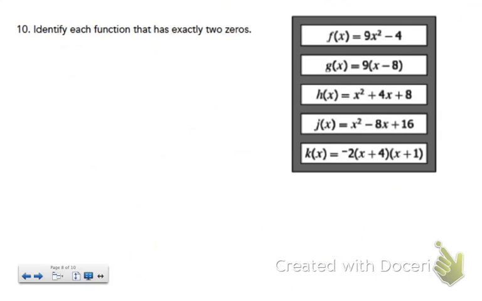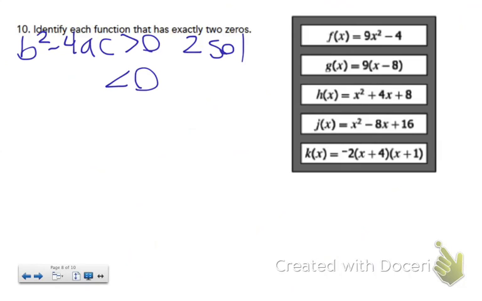So remember, the discriminant is b squared minus 4ac, and if it is positive, if it's greater than 0, then it means 2 solutions. If it's less than 0 and it's negative, it means no solution. And if it's equal to 0, then it means 1 solution.